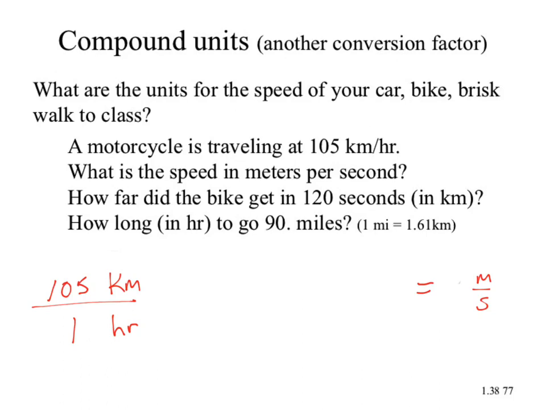Which unit do we choose first? Hours, seconds. Doesn't matter. Because ultimately, to do the conversion, you're doing multiplication and division, and multiplication and division are commutative processes. It doesn't matter the order in which we do them. So I could go through and do hours. What do I want to convert hours to?